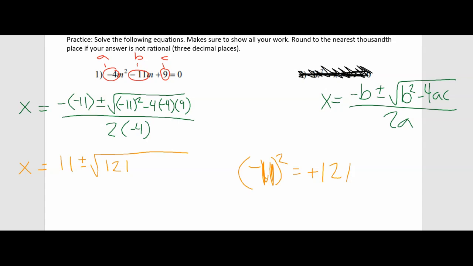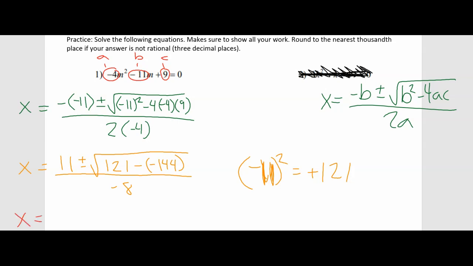All right, then I have 4 times -4 times 9. That's going to give me -144. So I have minus -144. If you wanted to, you could just make that positive here and skip a step, but I'm just going to do one step at a time. Our denominator is going to become -8. Let's do one more step over here.